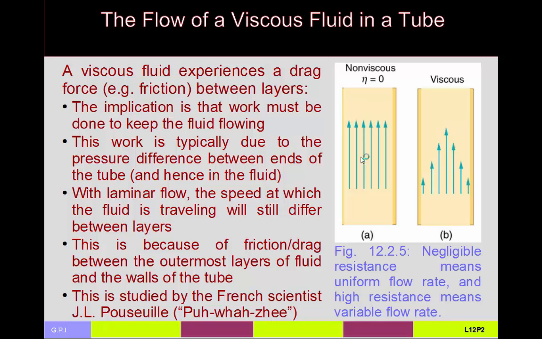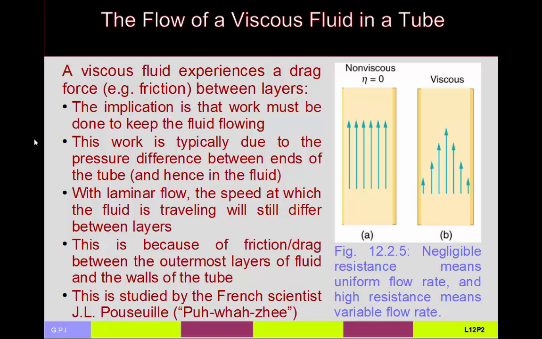But when you add viscosity, there's drag both between different layers within the fluid and also between the outermost layer and the wall of the tube. So the outermost layer of the fluid flows more slowly than the innermost layer. Basically the speed increases as you go in and then decreases as you go out, because, again, the walls of the tube are stationary.